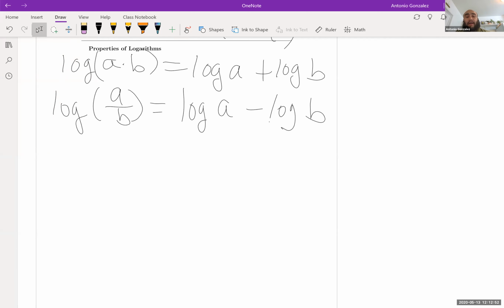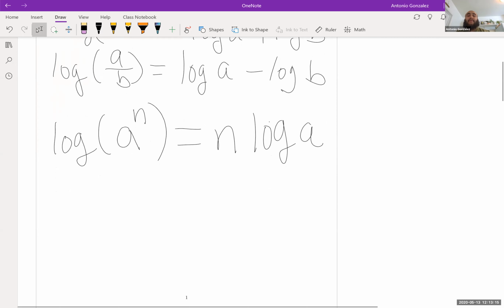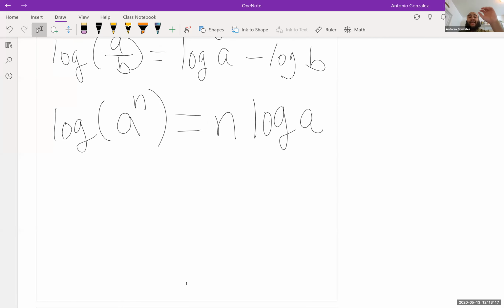Now, in terms of our applications, one that is going to be very helpful for us is the one of the exponent, the one that we kept referencing over and over. If we have a to some power n, then we can take that n, and instead of an exponent, it becomes a coefficient.